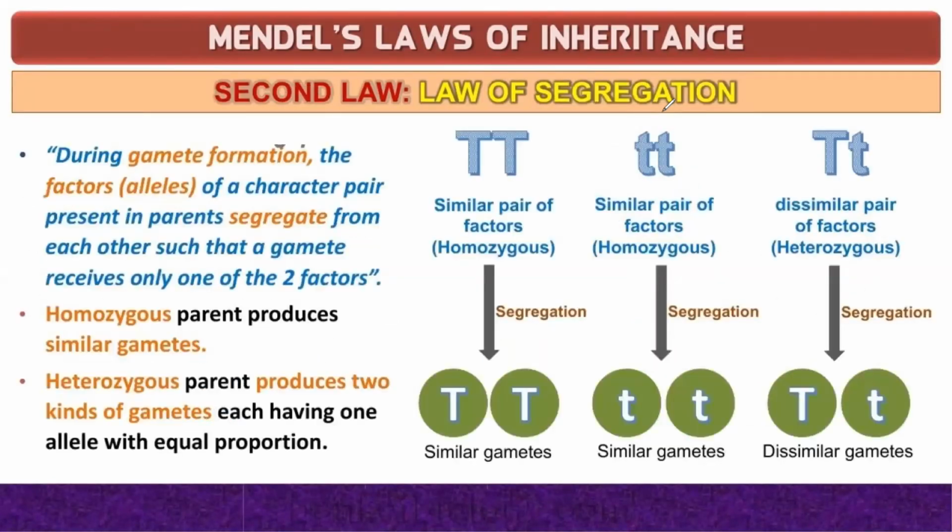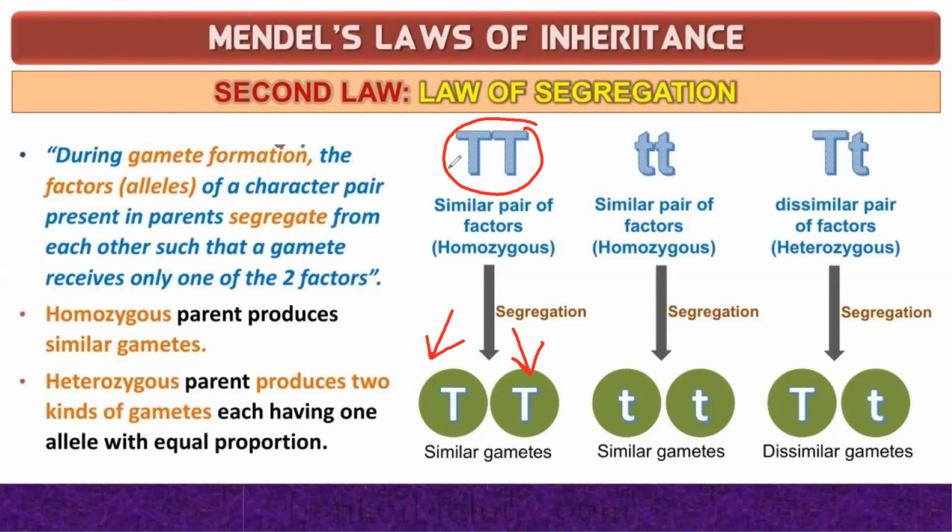The second law is the law of segregation. The law of segregation states that during gamete formation, the factors that are alleles of a character pair present in the parents segregate from each other such that a gamete receives only one of the two factors. On your screen, you can see that capital T and small t separate and give rise to capital T and small t gametes. A homozygous parent produces similar gametes.